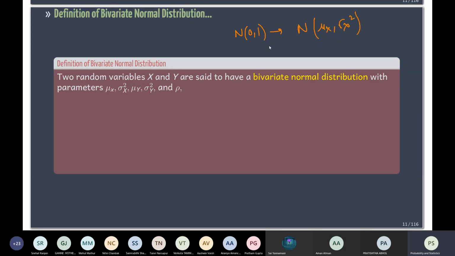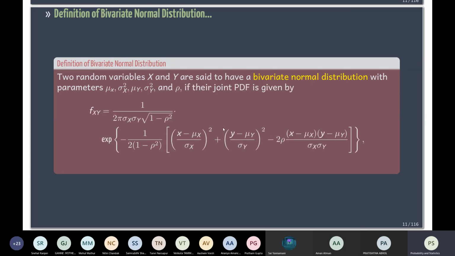Now we are doing it in the bivariate case, going from the bivariate standard normal to the bivariate normal. There are too many things going on now, so these are big words, but the way it is defined is exactly this. This is the definition, just take it like that.